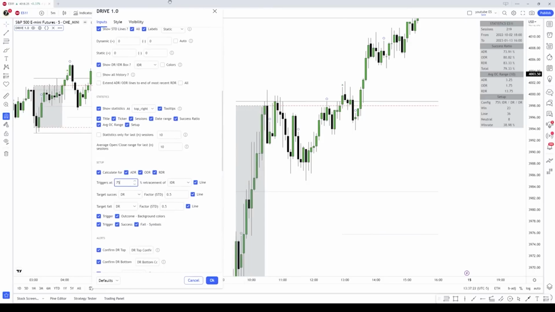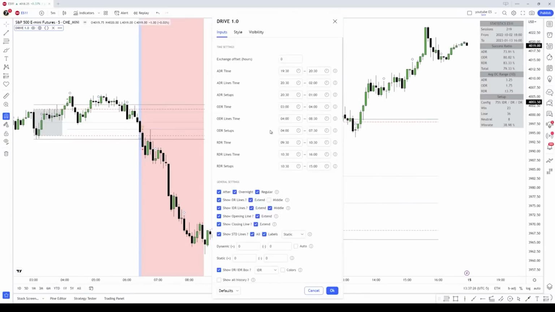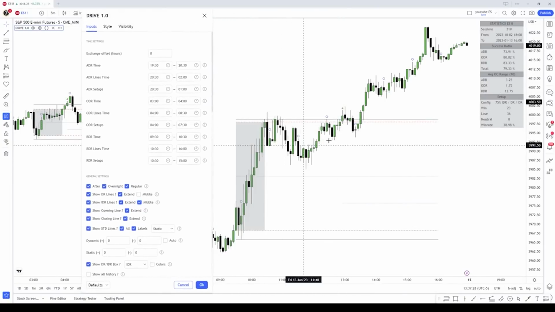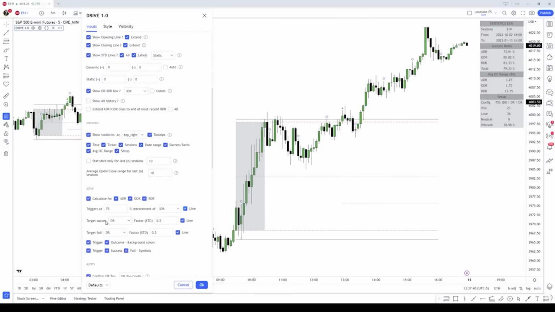The IDR means the red lines in my chart example. When we reach 75%, that's also the blue line we have here, we reach 75% retracement of the DR.